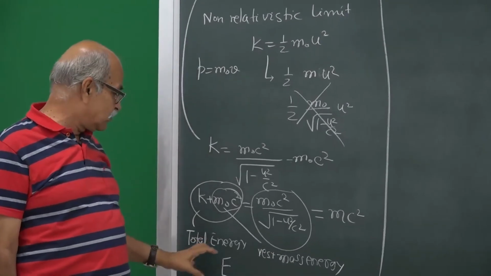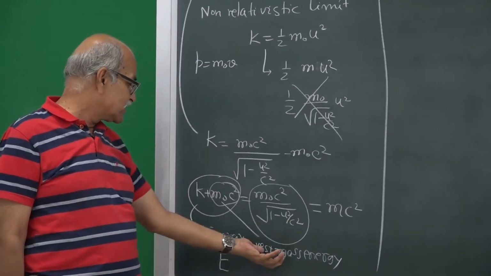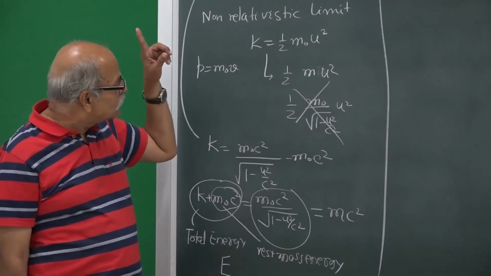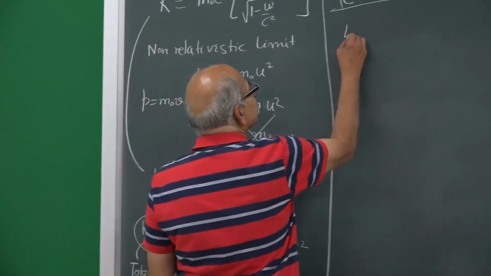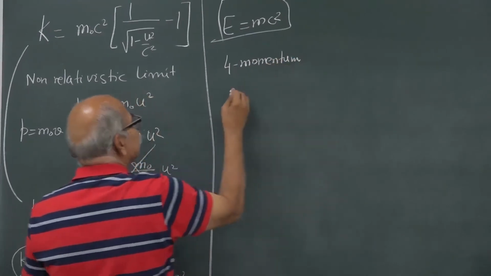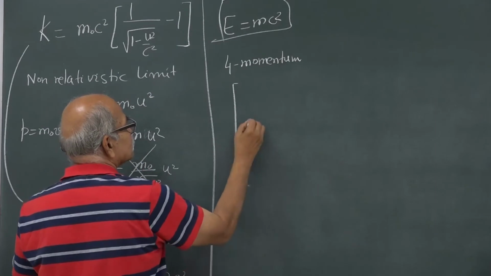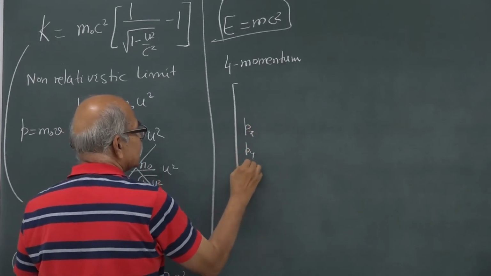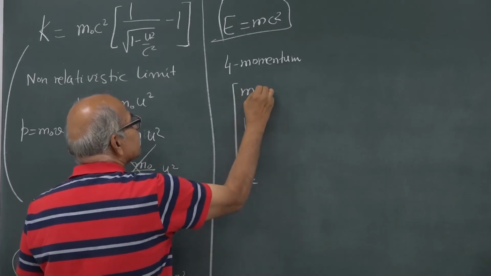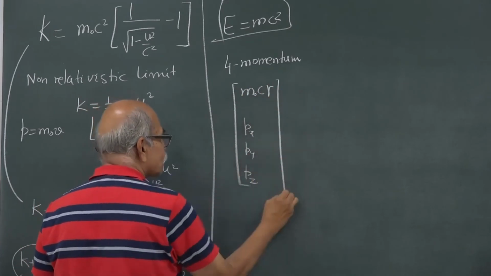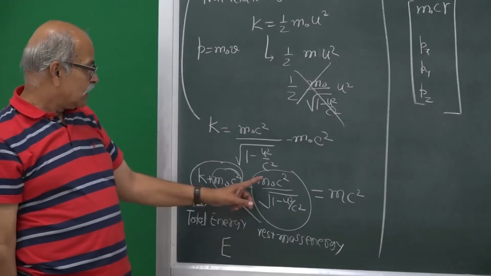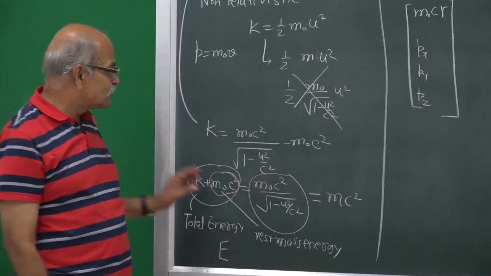Now, there is a lot of significance of this rest mass energy and total energy, we will talk about that, but let us go to the original question, the 4 momentum. Let us look at 4 momentum once again, and in 4 momentum these 3 components were px, py, pz, and this component here was m naught times c times gamma. And if you see from here, E is equal to m naught times c square times gamma, right.